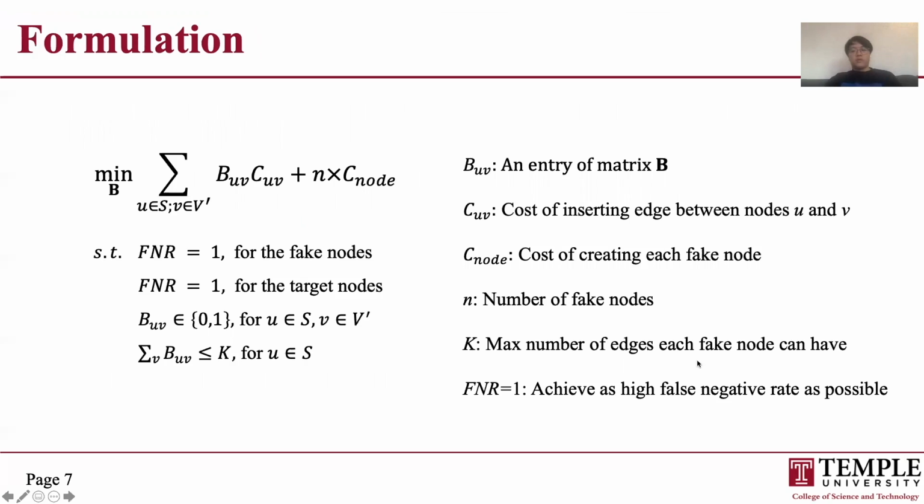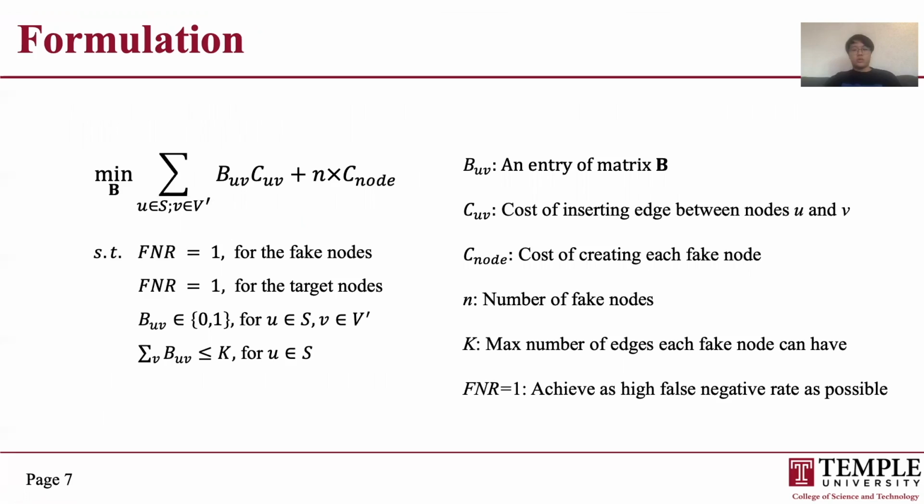In order to find an effective way to link the fake nodes to the existing nodes, we formulate our attack as an optimization problem. The objective function is the total cost of creating fake nodes and linking them to the original graph. Our goal is to find a matrix B, where each entry indicates whether to insert an edge between node u and node v.